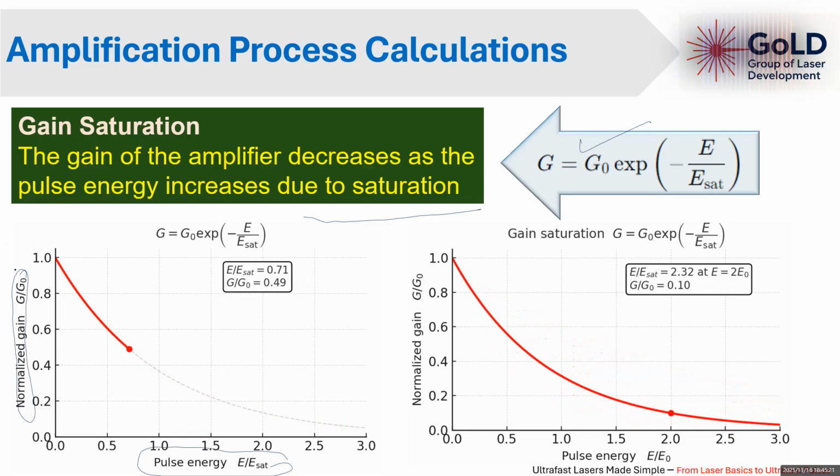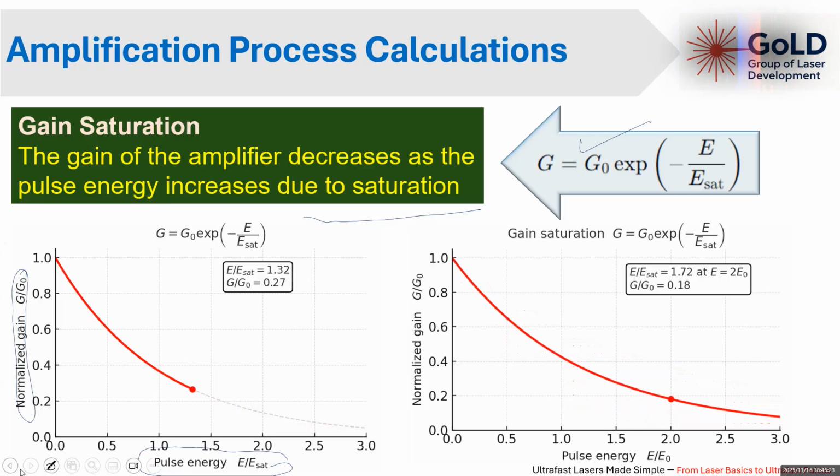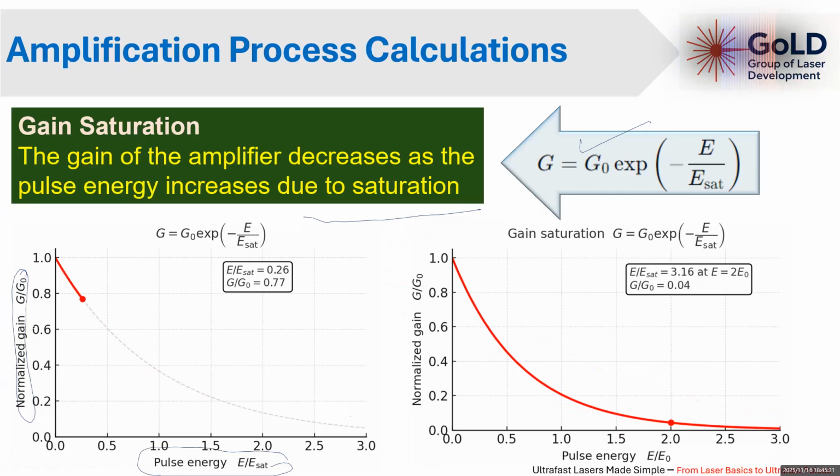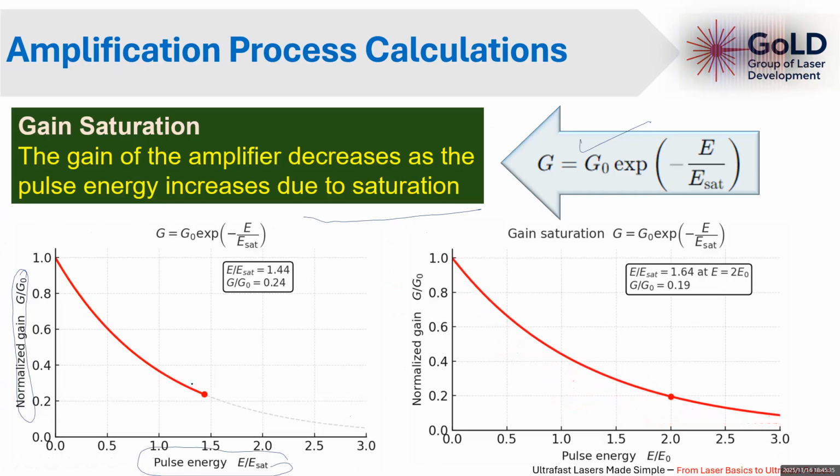So if you go back, the small signal gain is G naught. Okay, so G over G naught is the actual gain over the small signal gain.